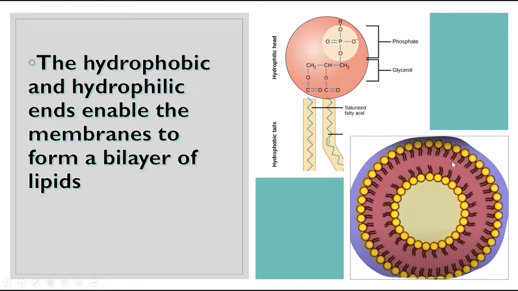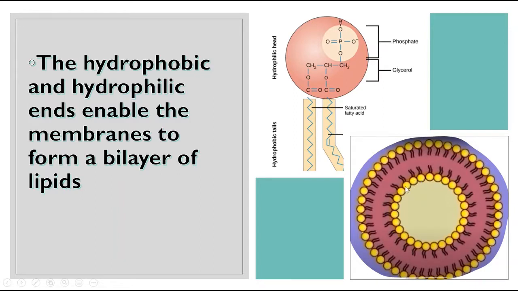This energetically favorable two-layer structure we call the phospholipid bilayer. It is formed like this because outside there is water, inside there is water, and the hydrophilic heads are water-loving and face the water, while the hydrophobic layers do not face the water.